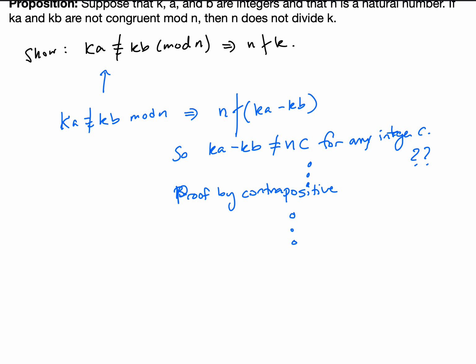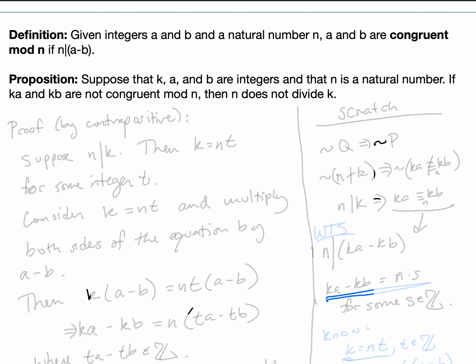Okay, so we want to prove this by contrapositive, and let's just keep a little piece of scratch paper on the side in case we need it. So proof by contrapositive. All right, so when we're doing the contrapositive, we're going to always assume not Q. So we're doing not Q implies not P. That is what we are showing. And in this case, not Q is, it is not the case that n does not divide k.